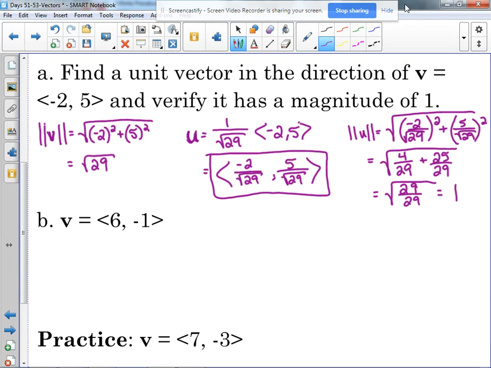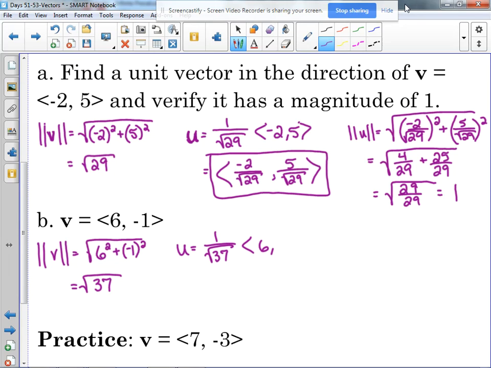We've got the vector <6, -1>. So let's start by finding its magnitude. So 6 squared plus (-1) squared, that's the square root of 37. So the unit vector here is going to be 1 over the square root of 37 times the original vector.